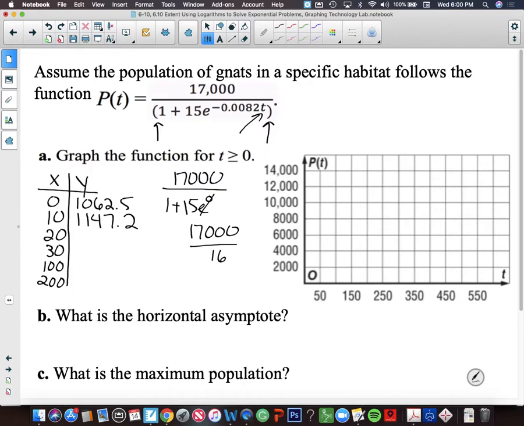That really didn't grow that much, so I'm going to change my XY chart here. You can change it with me if you want. I'm going to jump to 100, and then go 200, 300, and we'll see what we get closer to there. So if I do x equals 100, let's see if I can get to it on my calculator here.